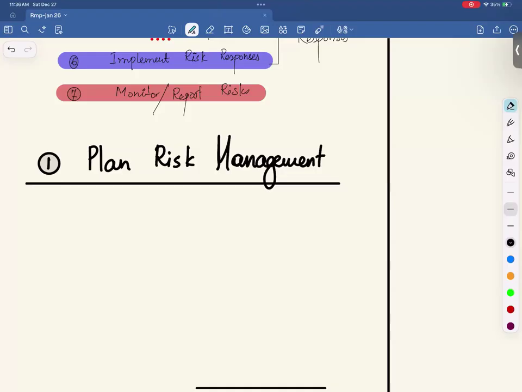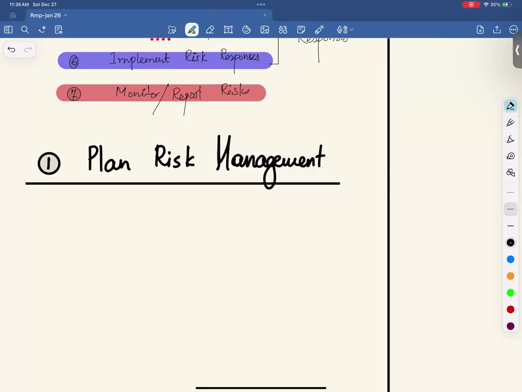Who would like to answer Ahmad's question? Ahmad is saying, is it continuous or what? Continuous. I believe it's a continuous process. Yeah. So what we do, Ahmad, is we identify risk during the planning stage.